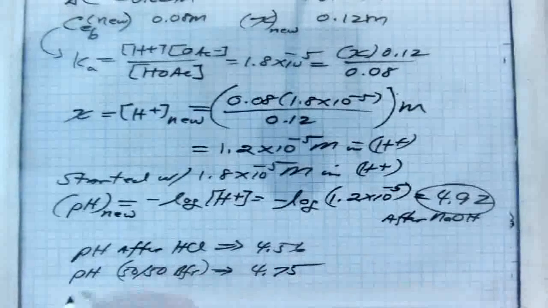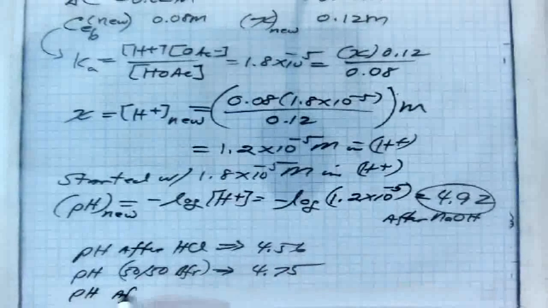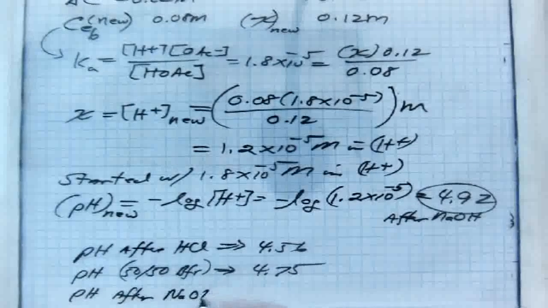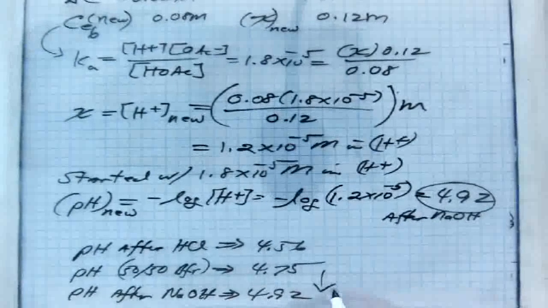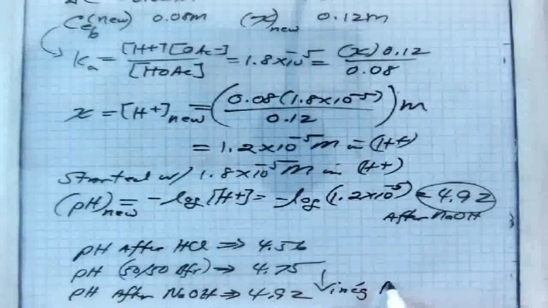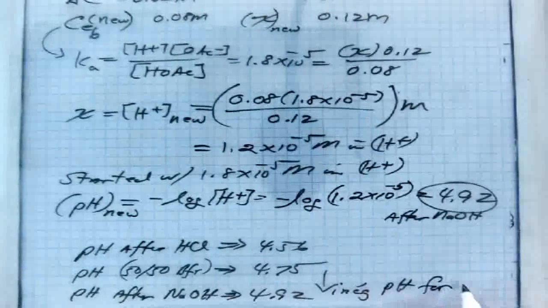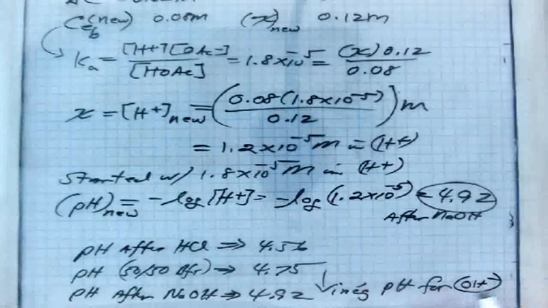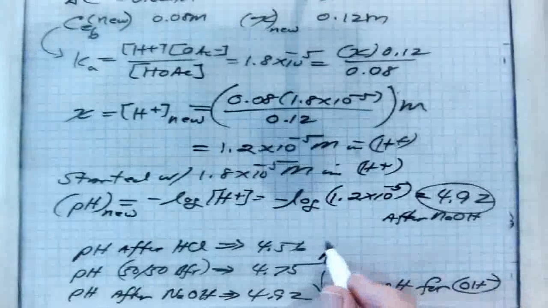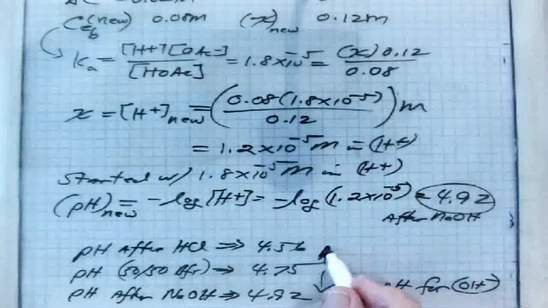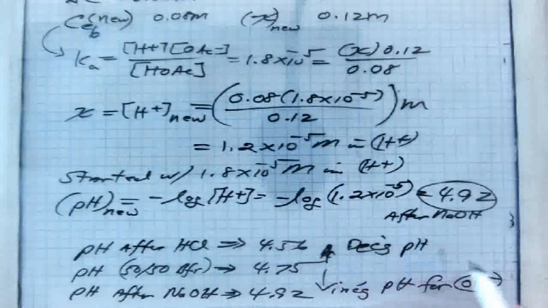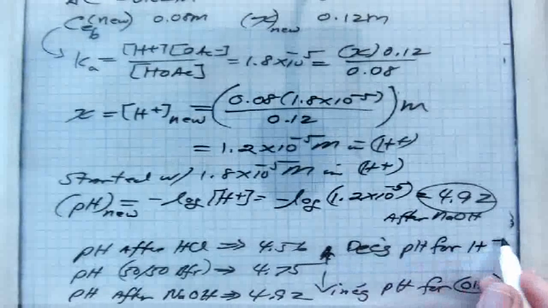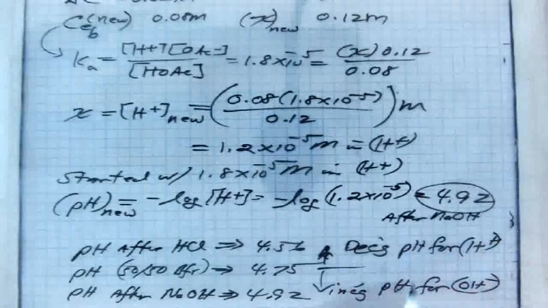It can be shown that the pH of a buffer solution is equal to the pKa of the acid plus log of the base concentration, conjugate base, divided by the acid concentration. Now this applies also to determining the acid-base ratios in weak base and their conjugate acid combinations also.